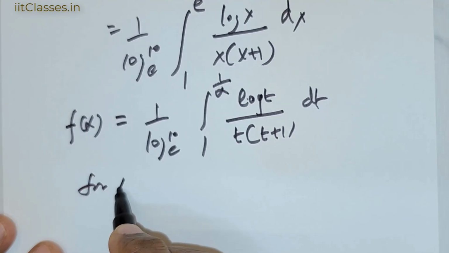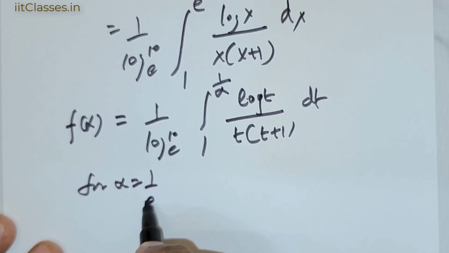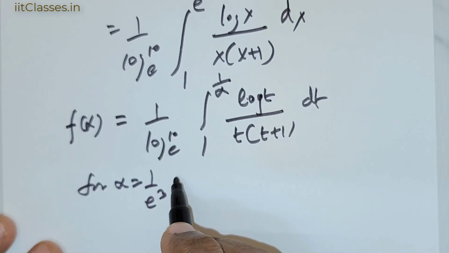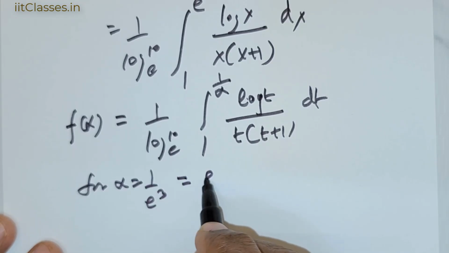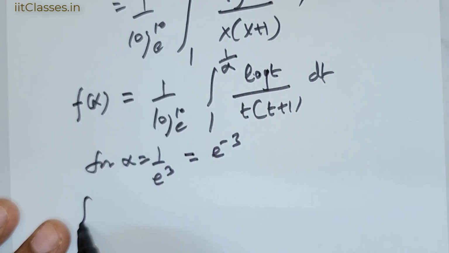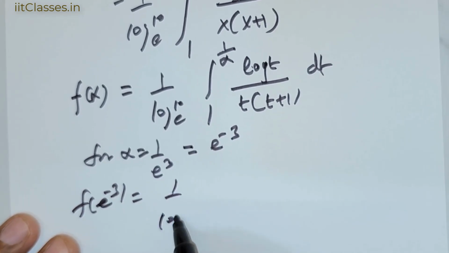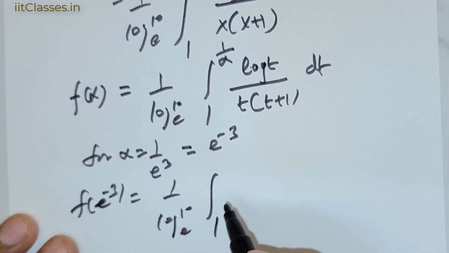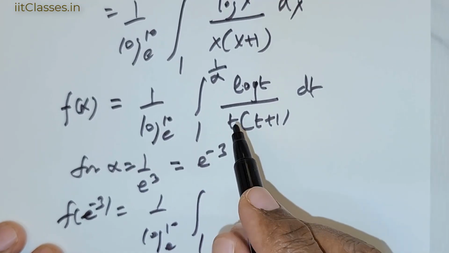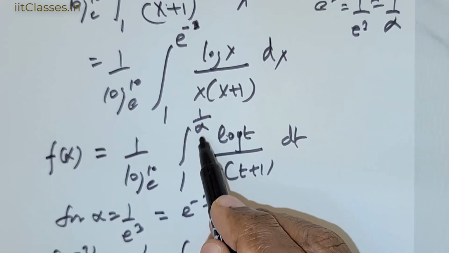Now for alpha equal to 1 over e raised to the power of 3, which is nothing but e raised to the power of negative 3, you have f of e raised to the power of negative 3 is equal to 1 over log 10 to the base e, integral 1 over alpha.